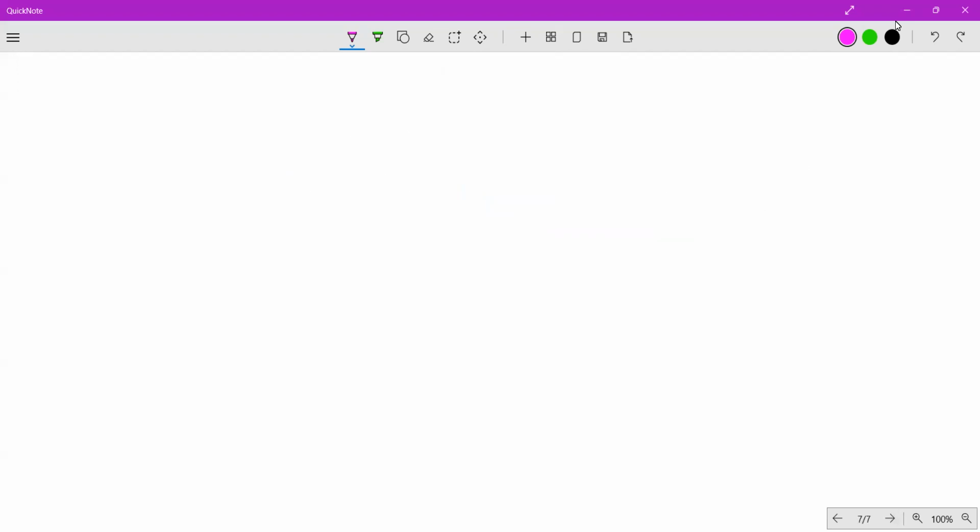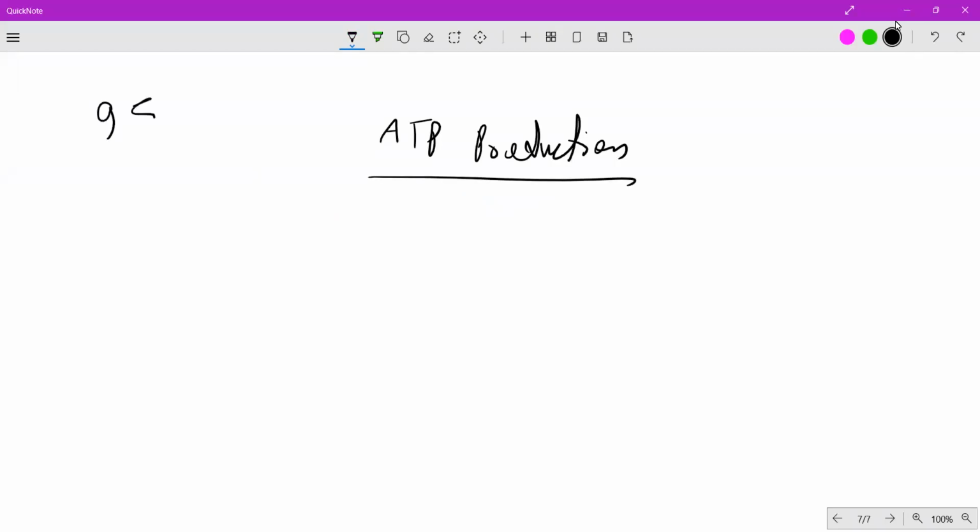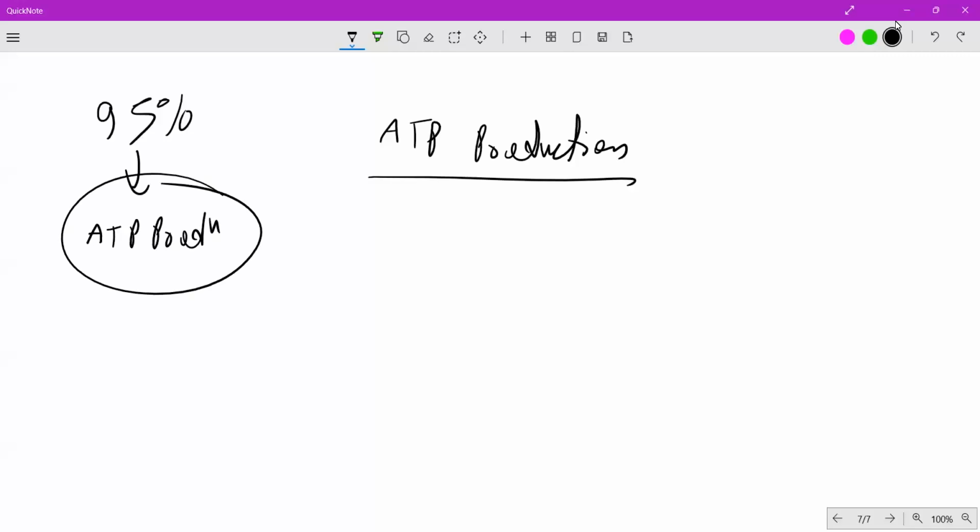Moving forward, when I'm talking about ATP production, because if I ask you, what is the function of mitochondria? We know 95% students will say कि सर माइटोकॉन्ड्रिया का फंक्शन है एटीपी का प्रोडक्शन.